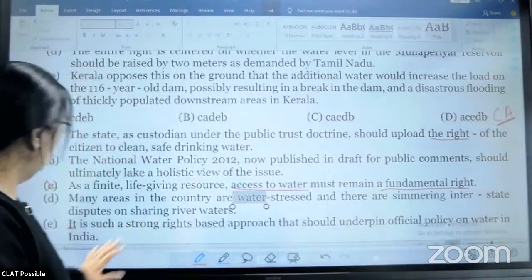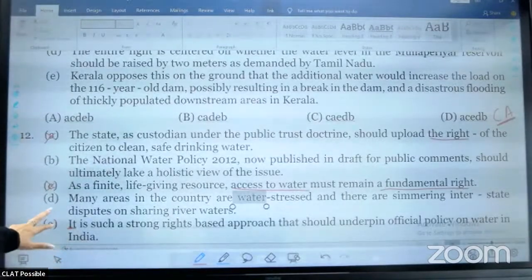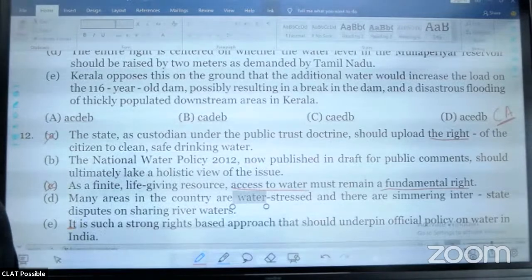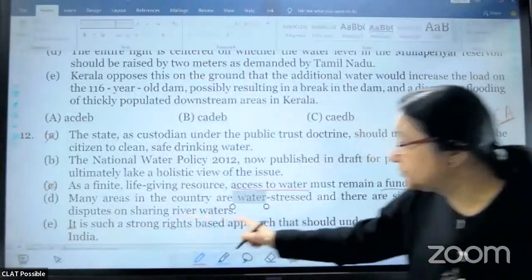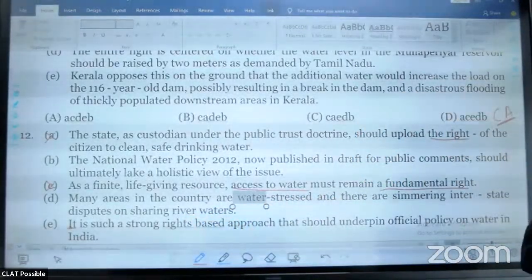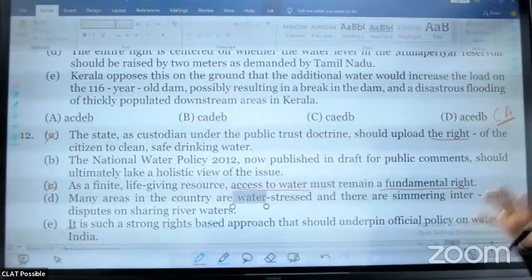Now look at this, all of us now look at it. See, he says in D, if you can see in D, he clearly says many areas in the country are water stressed and there are simmering interstate disputes on sharing river water. Then what is it saying?